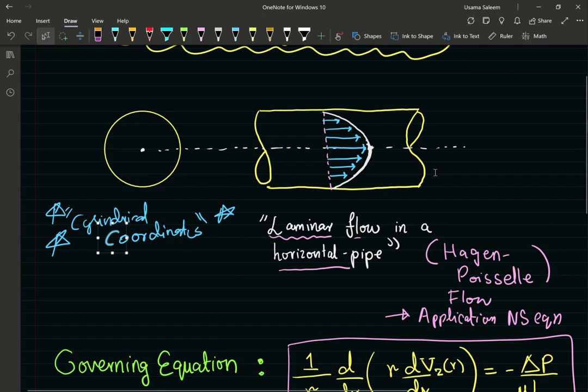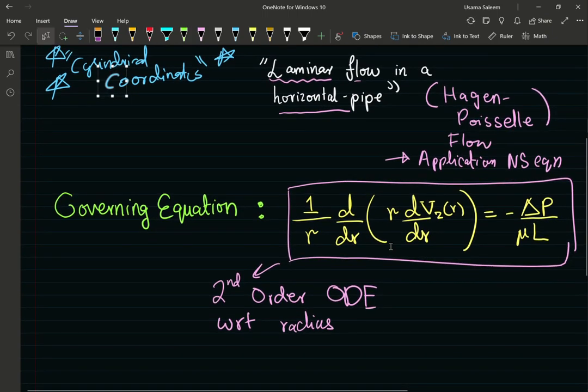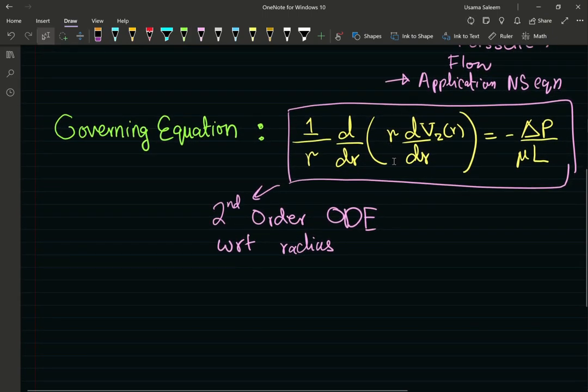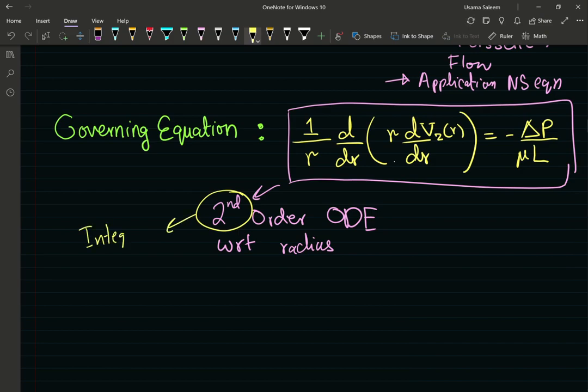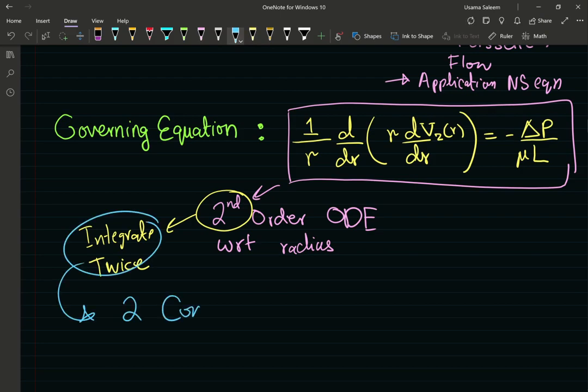Once I integrate this expression, I'm going to have to integrate it twice, since it's a second order ODE. This double integration is itself going to spit out two constants of integration.